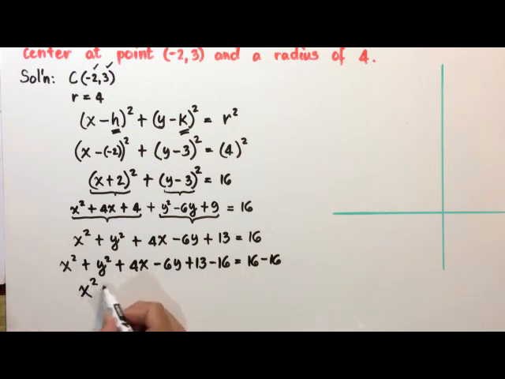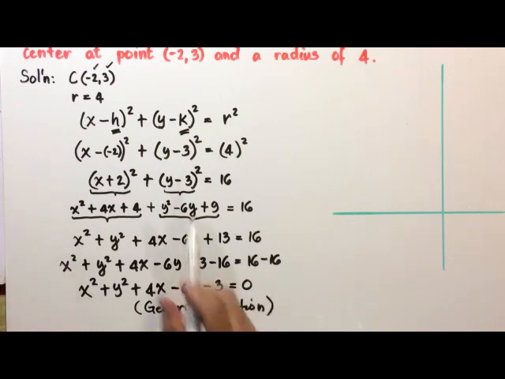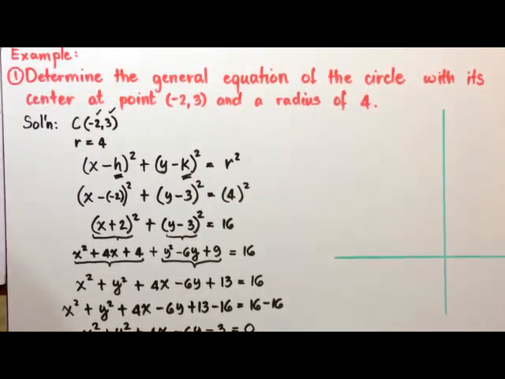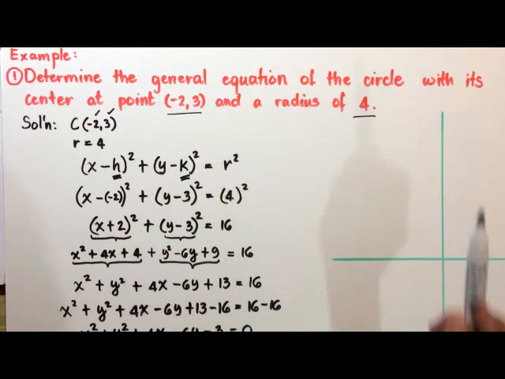So what will remain is x squared plus y squared plus 4x minus 6y, and 13 minus 16, it's minus 3 equals 0. So this is the general equation of the circle when the center is at the point negative 2, 3, and having a radius of 4.